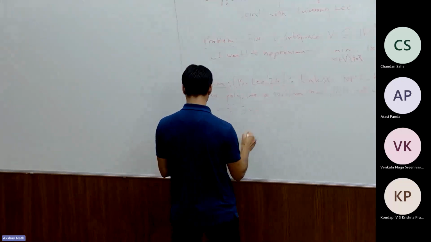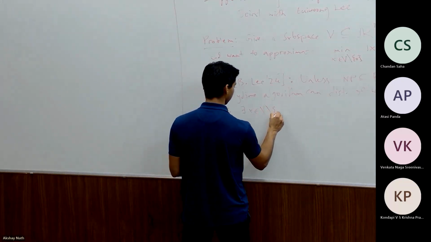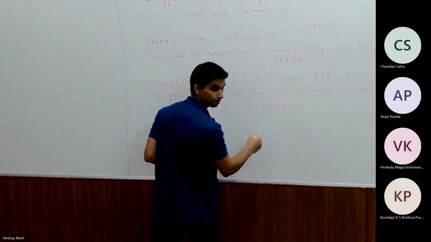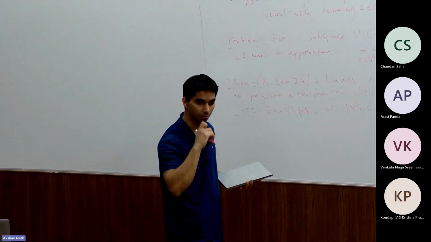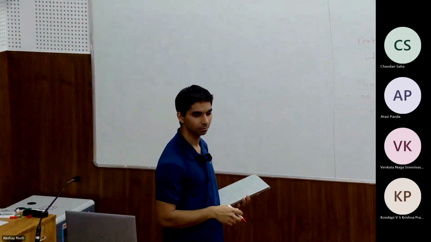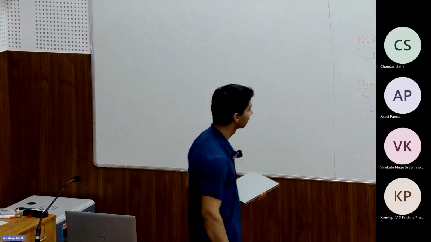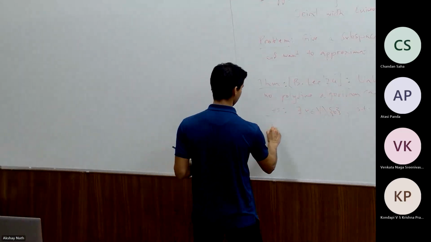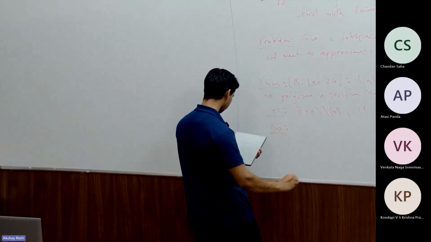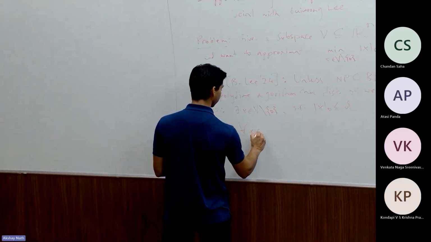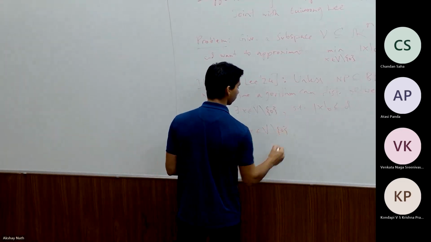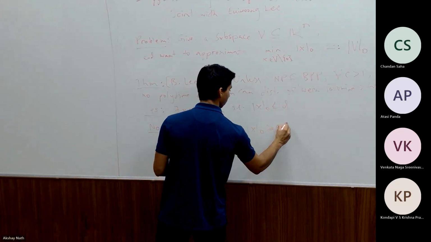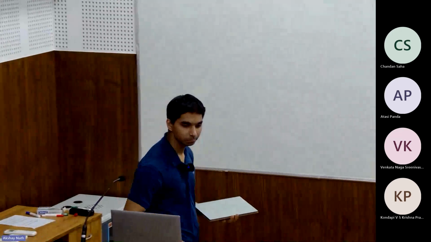In the yes case, there exists x in V minus 0 such that the sparsity is at most d. In the no case, for all non-zero x, the sparsity is at least c times d.